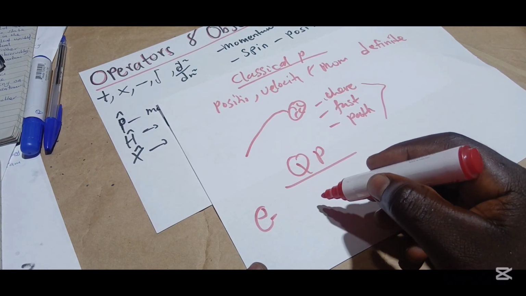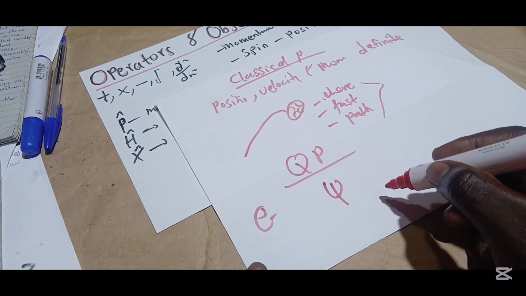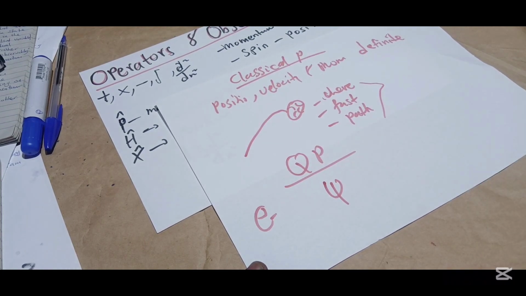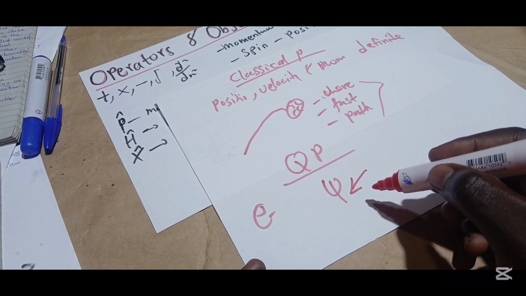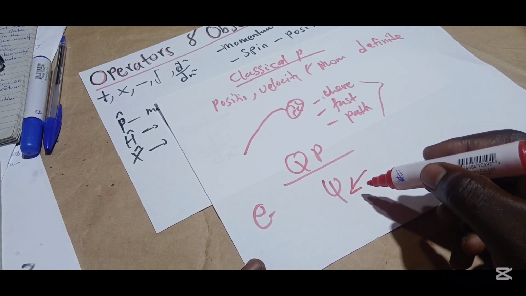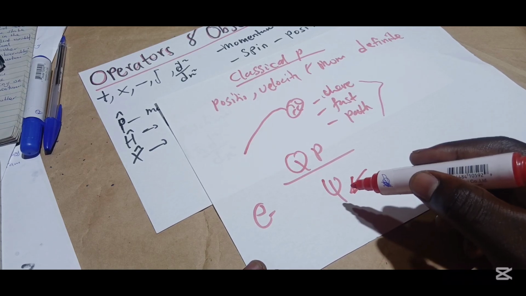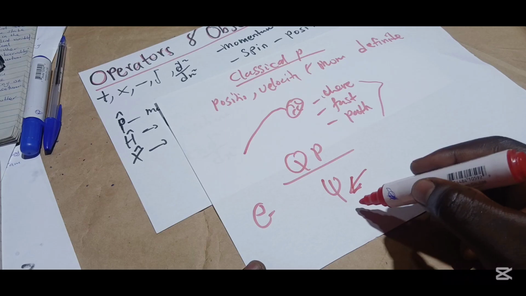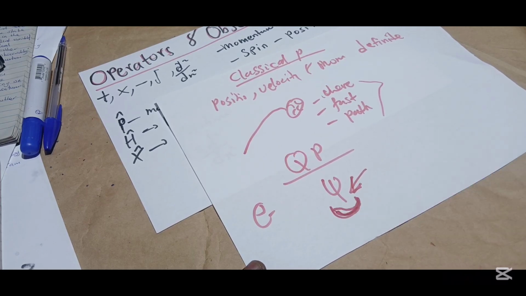Instead, it is described by a wave function, let's say psi. And this wave function is not itself an observable. You cannot directly see or measure this wave function, right? What we actually observe comes from mathematical operations on this wave function, right?